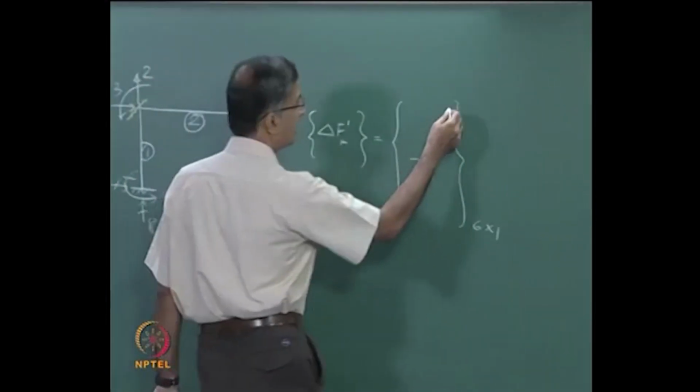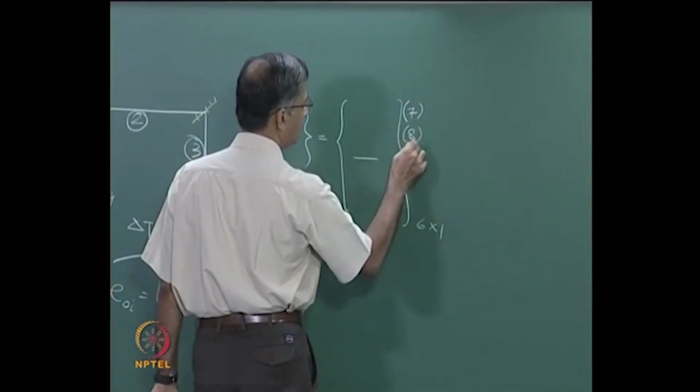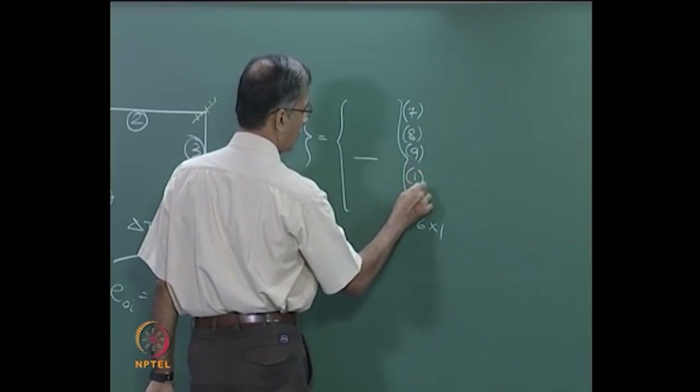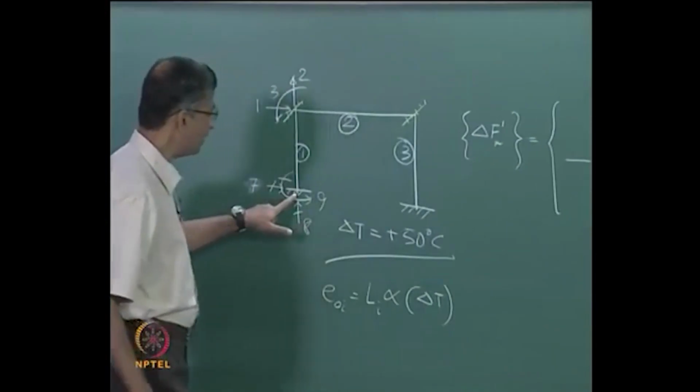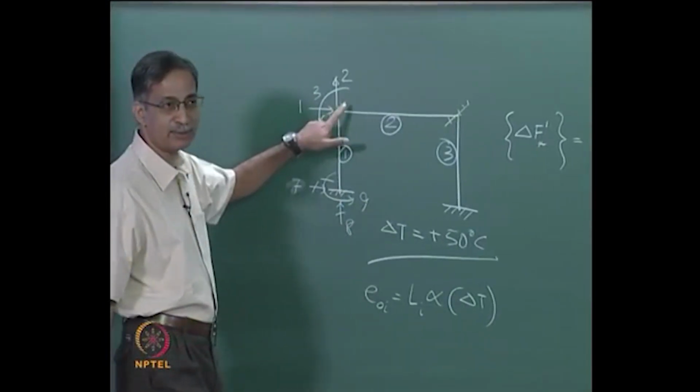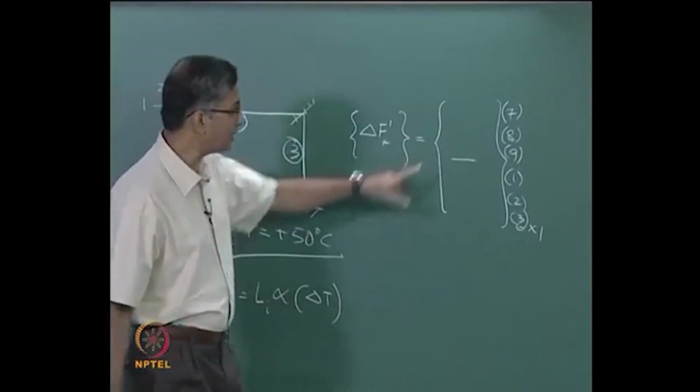So the linking coordinates are 7, 8, 9 and 1, 2, 3, and the element itself had 1 star, 2 star, 3 star, 4 star, 5 star, 6 star. How do you fill this up? What is the first element?